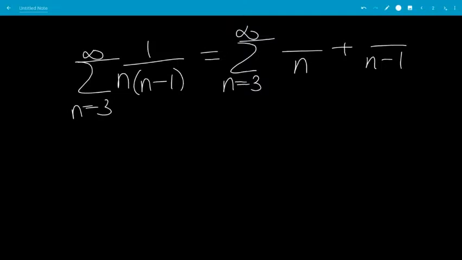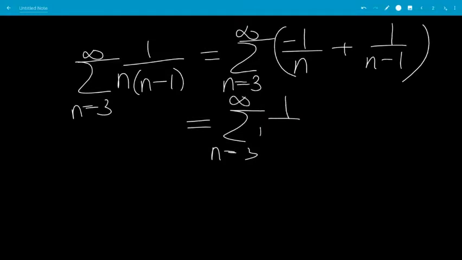So when n equals 0, cover up the n in 1 over n times n minus 1. So 1 over 0 minus 1 is negative 1. Cover up n minus 1, so that would be n equals 1. Plug that back in, and it'd be 1 over 1. So this will be the sum as n goes from 3 to infinity of 1 over n minus 1 minus 1 over n.